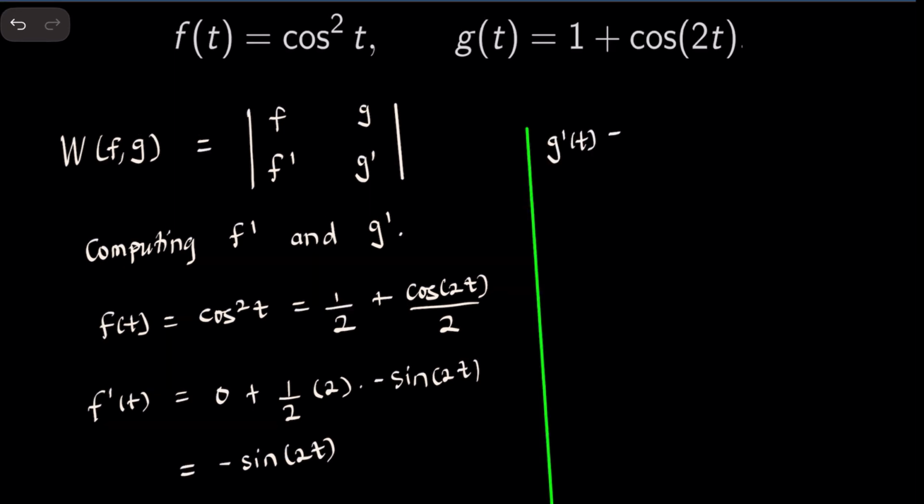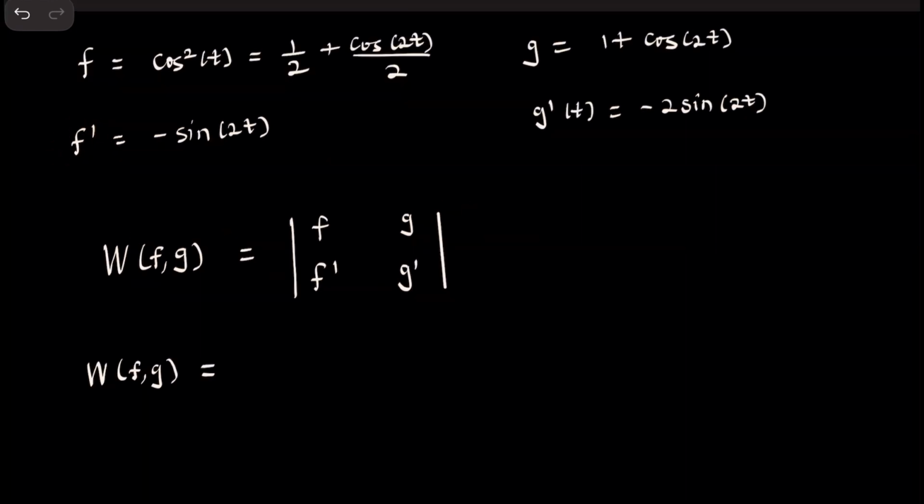g prime of t is giving us, when you differentiate 1, you're going to have 0, then plus, you're going to use the chain rule to differentiate this guy also. And so that's going to give us 2 multiplying minus sine of 2t. So this simplifies to minus 2 sine of 2t. Now that we have f prime and g prime, let's substitute these functions into our Wronskian formula.